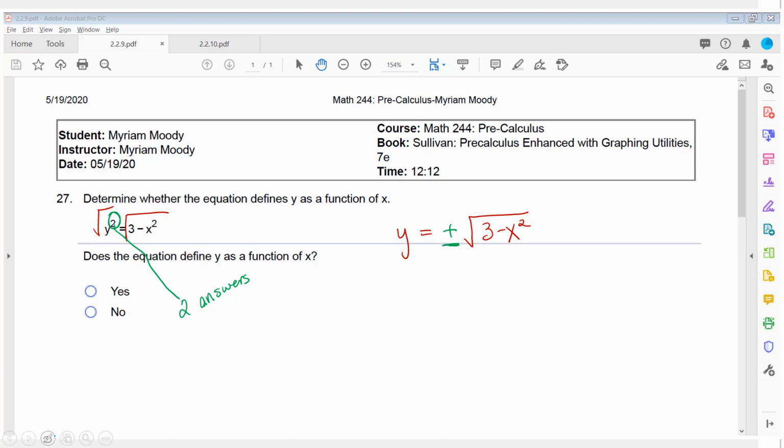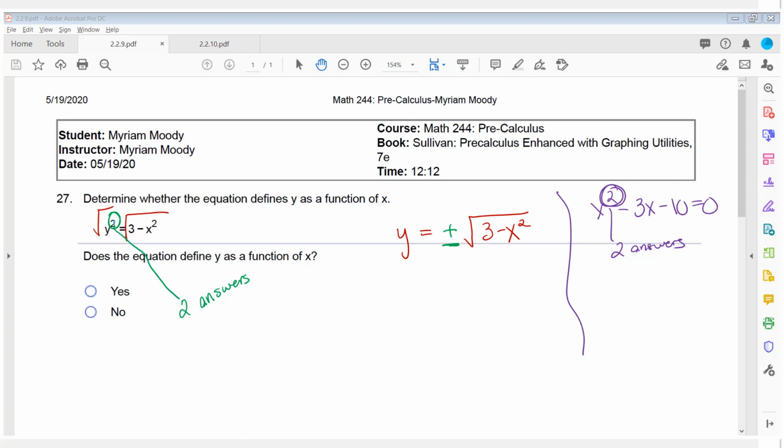Just like in the past, when you have solved second-degree equations, and you're like, well, how many answers are you going to get? This square tells you you're getting 2 answers, doesn't it? Well, just because the square is on the y doesn't mean that the meaning changes. I'm still going to get 2 answers for y.